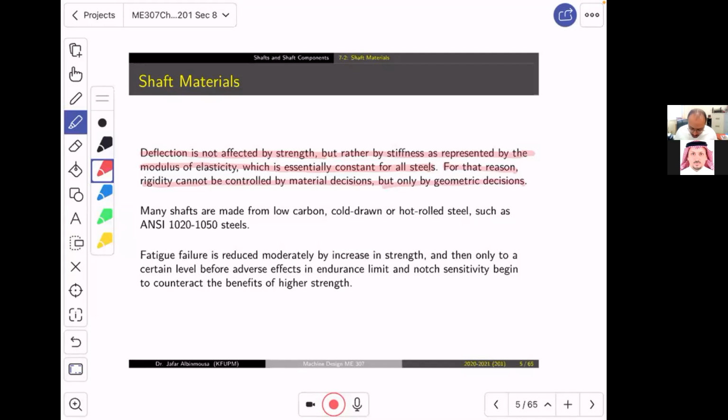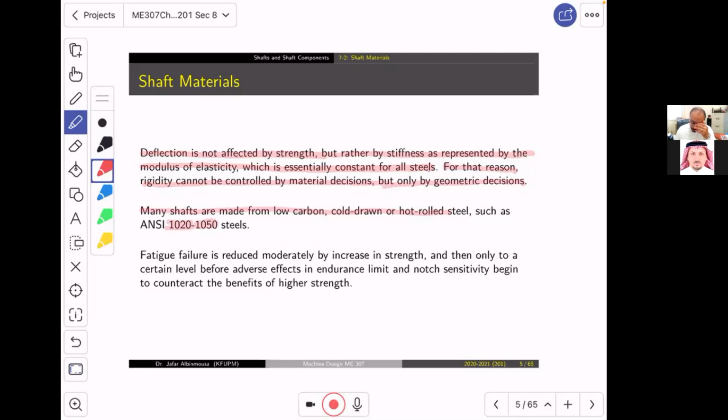Now, as a general rule, many shafts are made from low carbon, cold rolled, and hot rolled steels like ANSI 1020 and ANSI 1050. If you go look at these steels, you will see that their strength is not huge, okay?